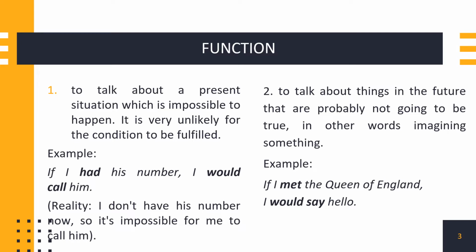Therefore, I'm only imagining. The first clause or the if clause here we have if and then subject I and verb 2 met. After that, in the main clause we have subject I, would, followed by verb 1 say.